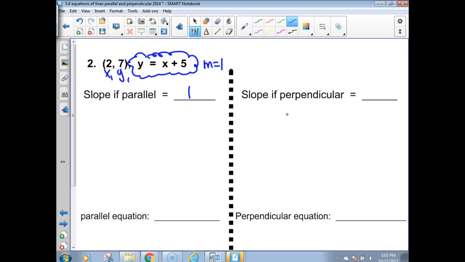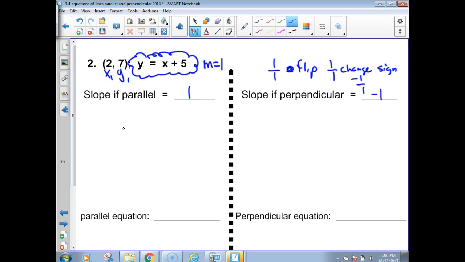The slope of the line perpendicular, if you take 1 and write it over 1 to make it a fraction, and you flip it, you still get 1 over 1. If you change sign, you get negative 1 over 1, which is just negative 1. Okay? Parallel line will have a slope of 1. Perpendicular line will have a slope of negative 1.